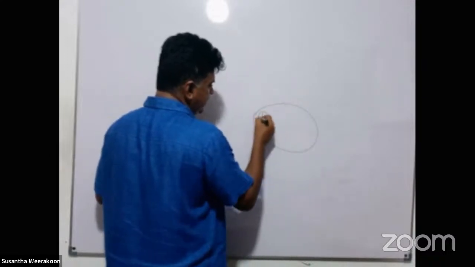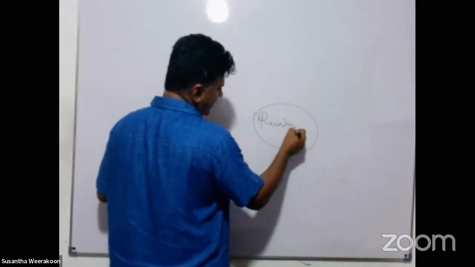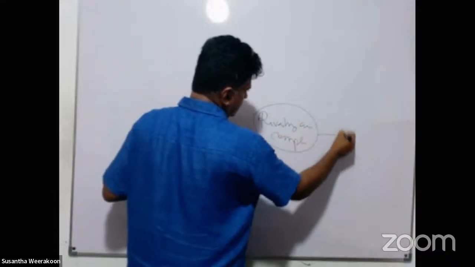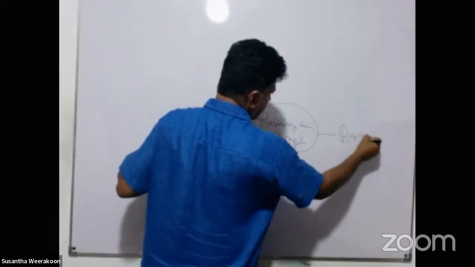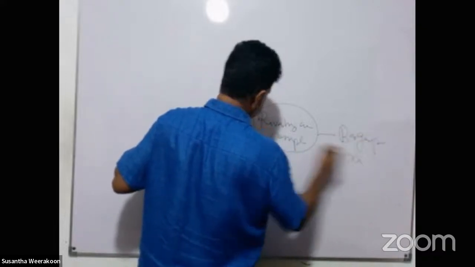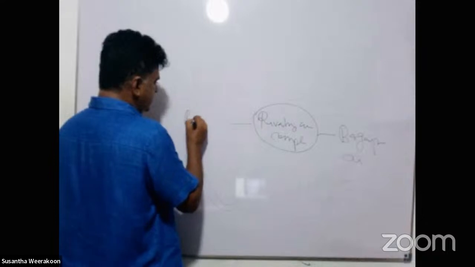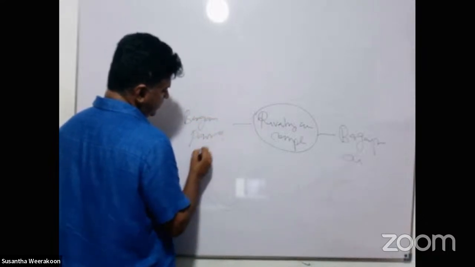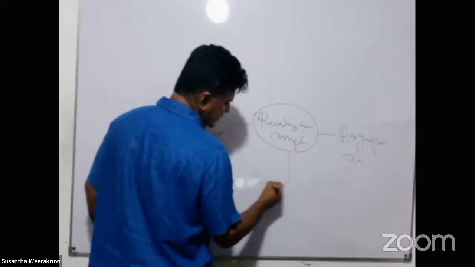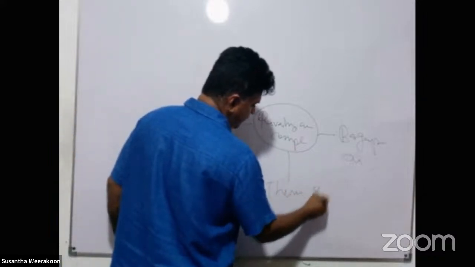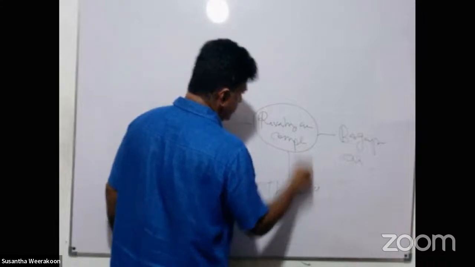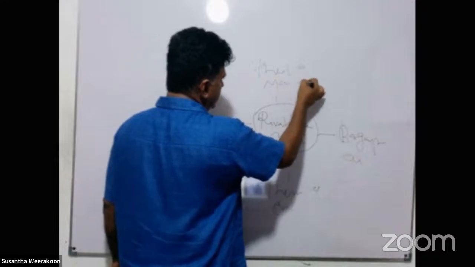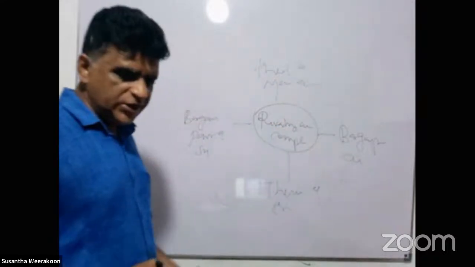One is rivalry among competitors, bargaining power of customers, bargaining power of suppliers, threat of substitutes, threat of new entries.